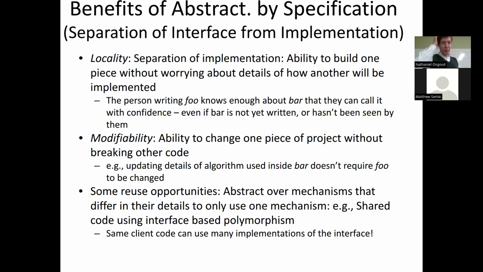As long as the interface still holds, as long as the contract, what interfaces are, contracts. They say, for me to do my job, you have to give me this with these preconditions. And if you do that, I will give you that with these postconditions. And as long as that contract is maintained, we don't have to worry about the details.